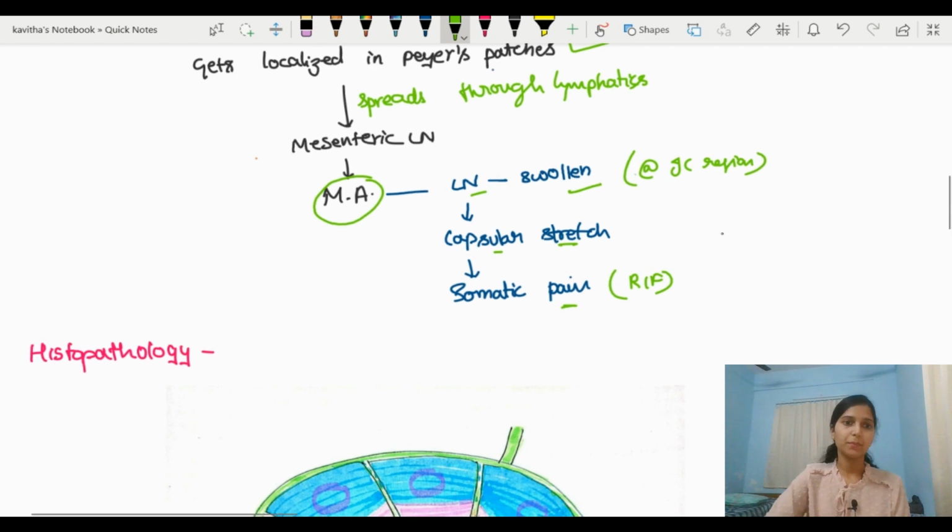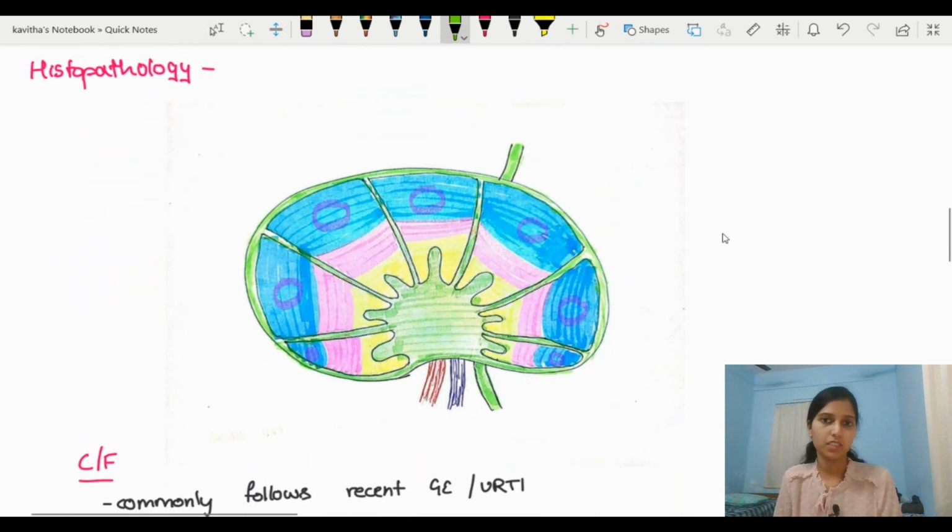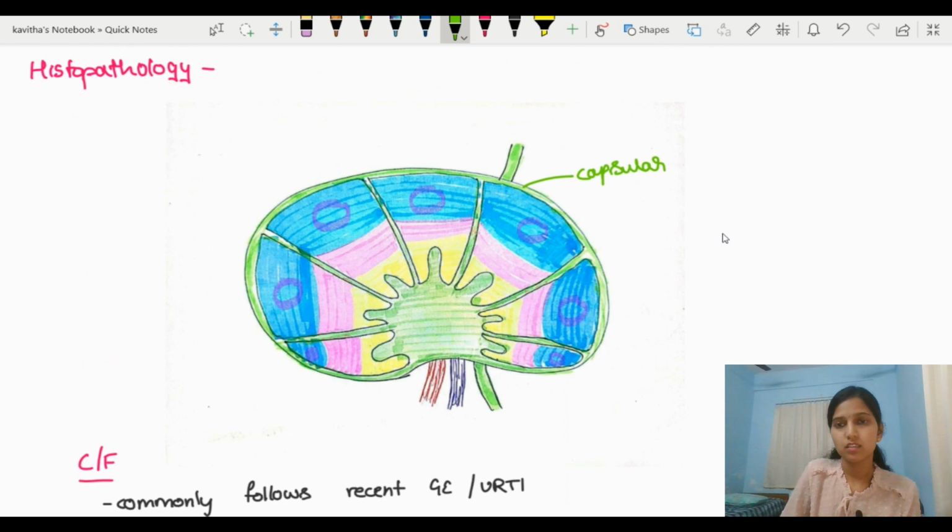Coming to histopathology, assume this as a lymph node. First, there will be capsular edema and thickening. This is the cortex, this is the paracortex.